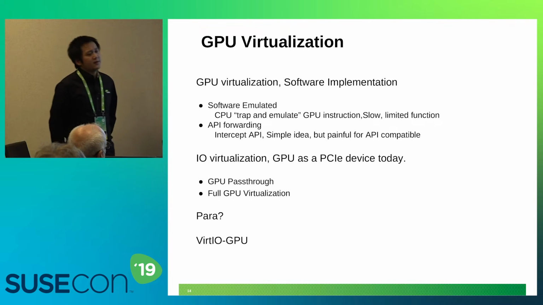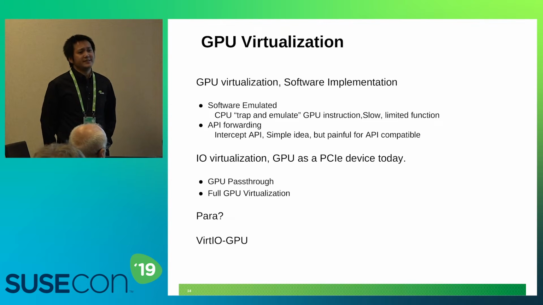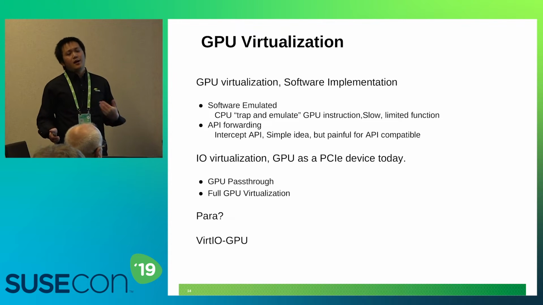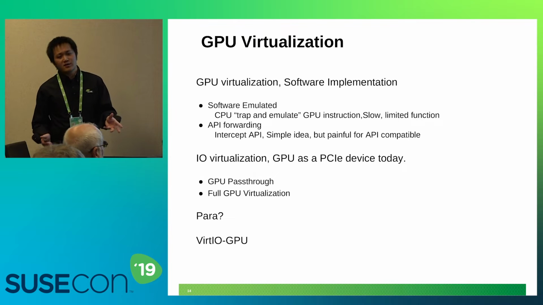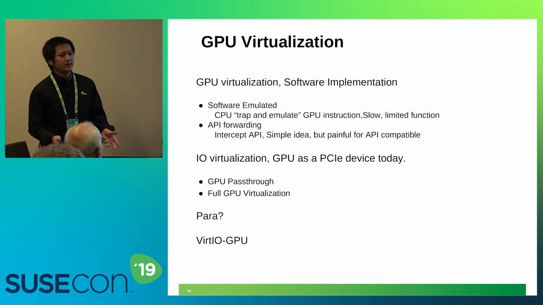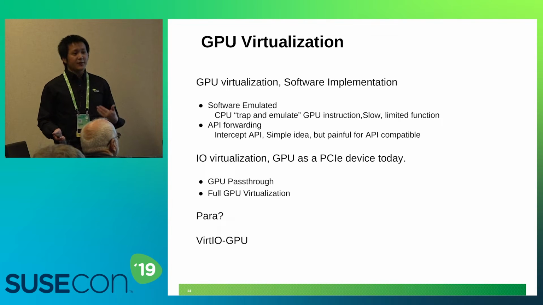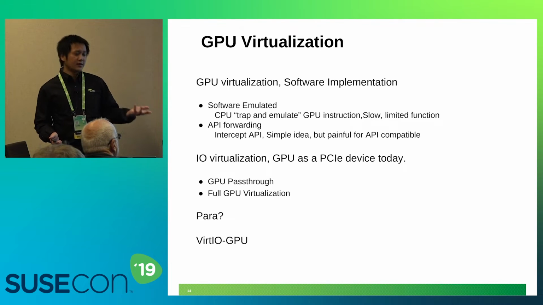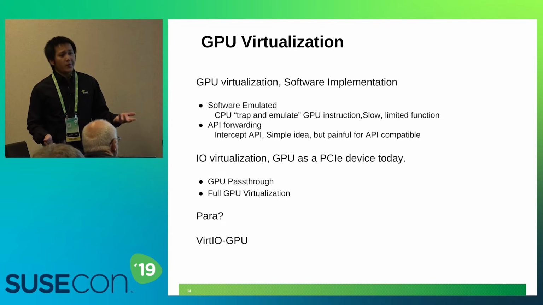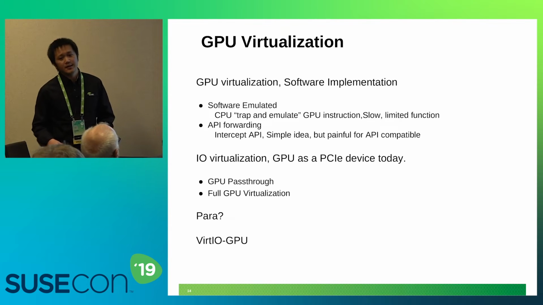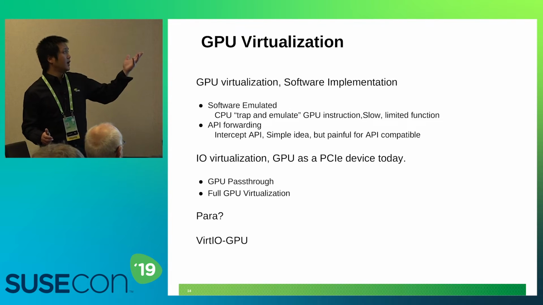And for our specific GPU, as we know, the GPU is so complicated, and they don't allow us to develop on their API directly. They provide libraries for us. So basically, when we're developing for the GPU, we're actually working on the API all these companies provide us. And in that case, you can do API forwarding.